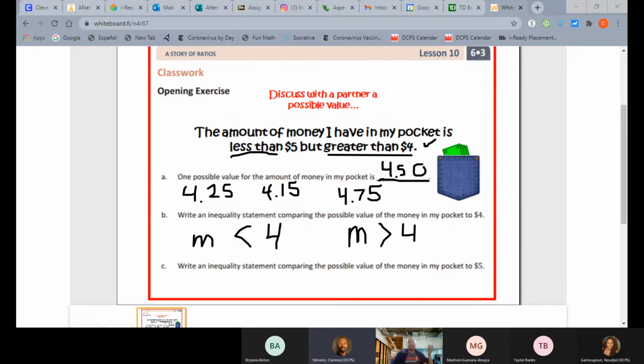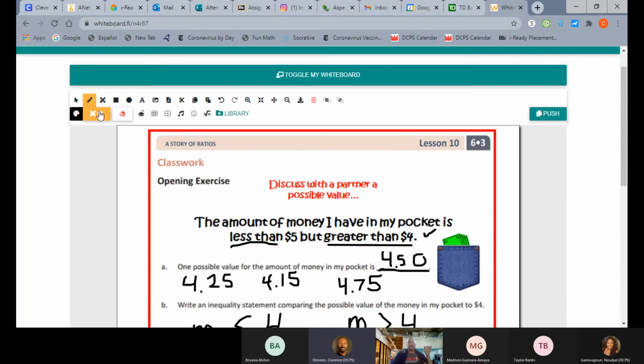Madison, which inequality do you think it's going to be? The one on the left or the one on the right? And why?